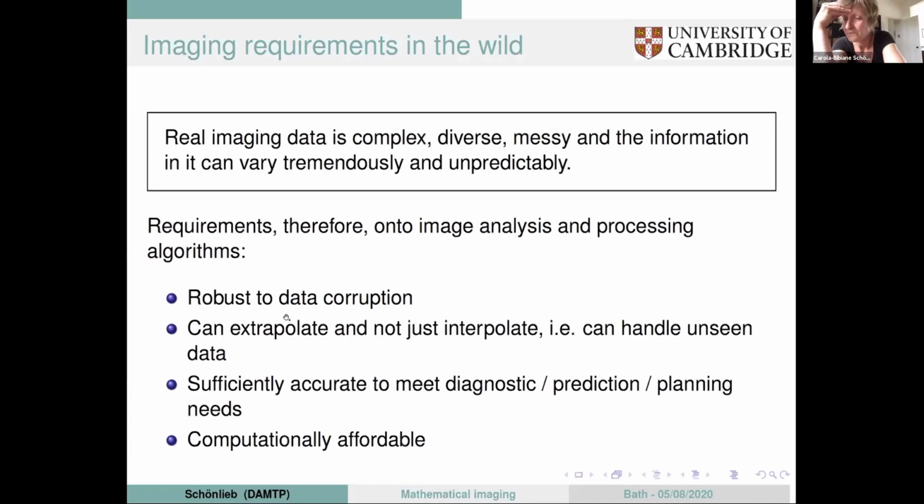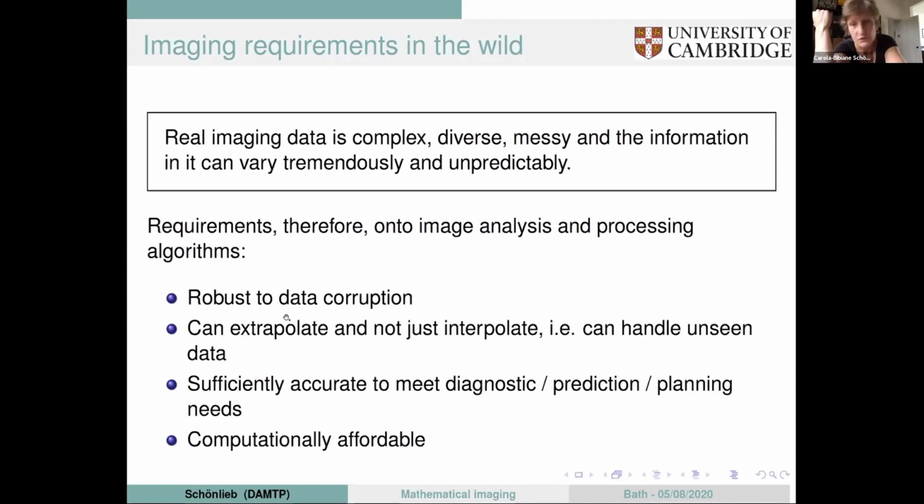But one of them is, for instance, of course, the robustness to data corruption. We need to be robust to noise and imperfections. We've said this before. Extrapolation, in particular in the context of medical imaging, scientific imaging, is also important, both because we usually have small data sets in practice, and also because we want to discover new things.